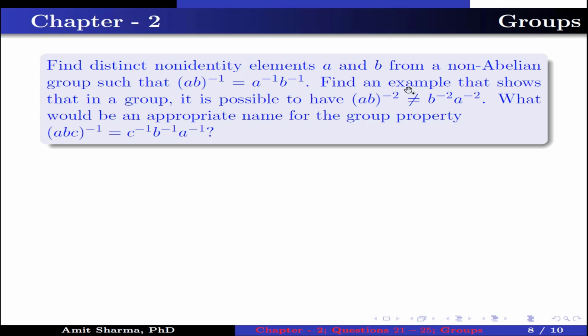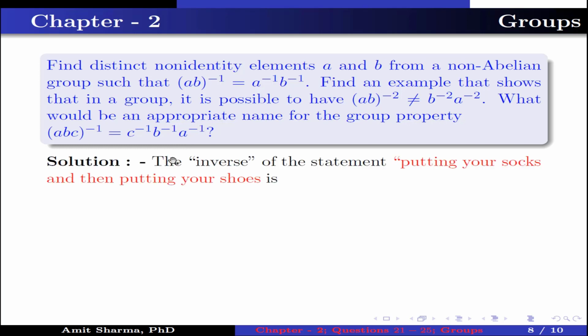Find an example that shows that in a group it is possible to have (ab)^(-2) not equal to b^(-2) a^(-2). What would be an appropriate name for the property (abc)^(-1) = c^(-1) b^(-1) a^(-1)? The inverse of putting on your socks and then your shoes is taking off your shoes and then taking off your socks.